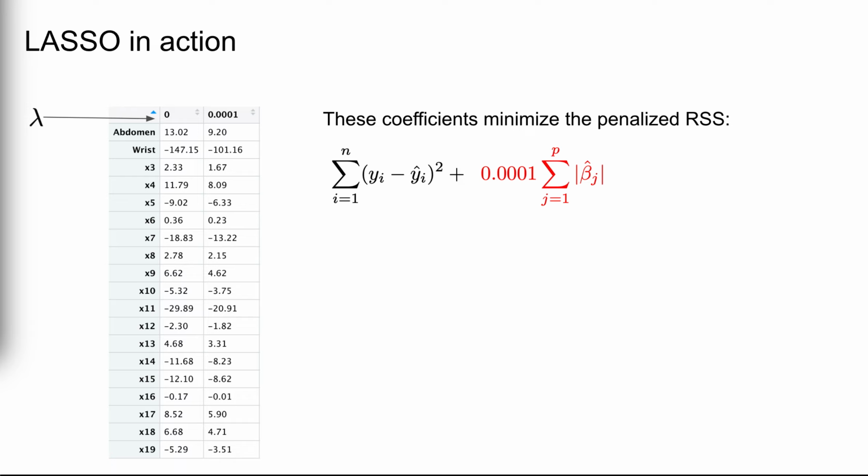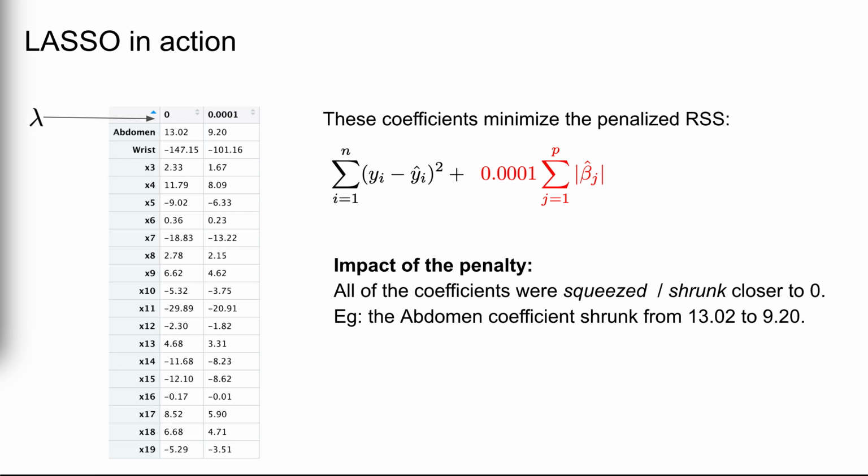By picking a non-zero lambda, we're starting to actually penalize the total size of our model coefficients. Now, pause your video for a moment to compare the LASSO coefficients when lambda equals 0.0001 to those when lambda equals 0. What you might notice is that all of the coefficients have been squeezed closer to 0. That is, they've shrunk. As one example, the abdomen coefficient dropped from 13.02 to 9.2.